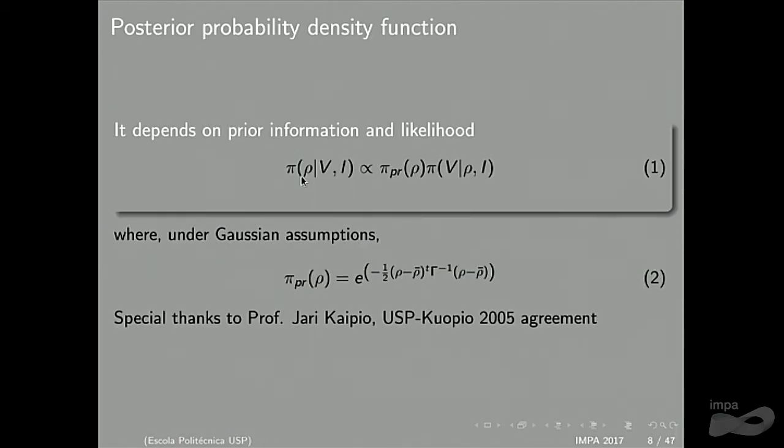To build this model, we need basically a vector, this vector, rho bar, that is the expected resistivity distribution in the lung, in the thorax. And we need also this gamma matrix that is the covariance of all of these samples.